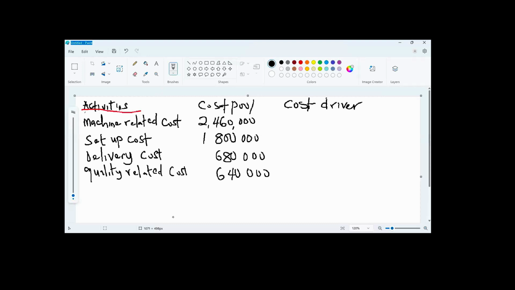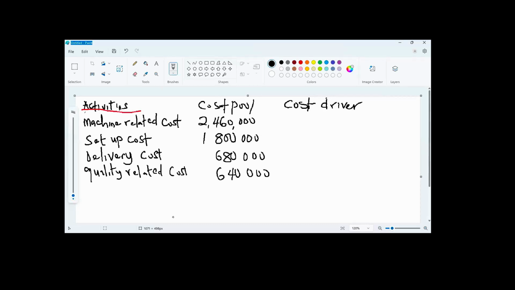It is machine hours. The more hours you use your machine, the more cost we are likely to incur. The more you use a machine, the more you are likely to service it.